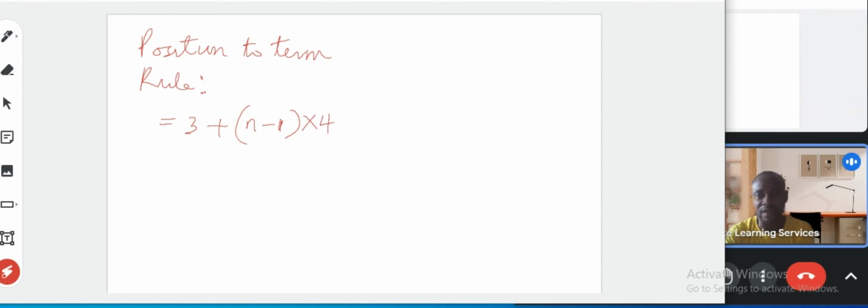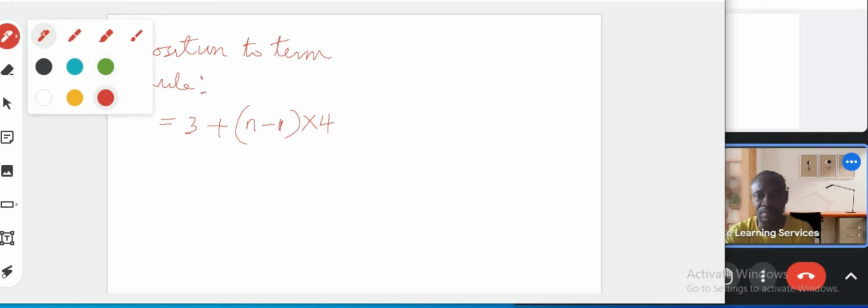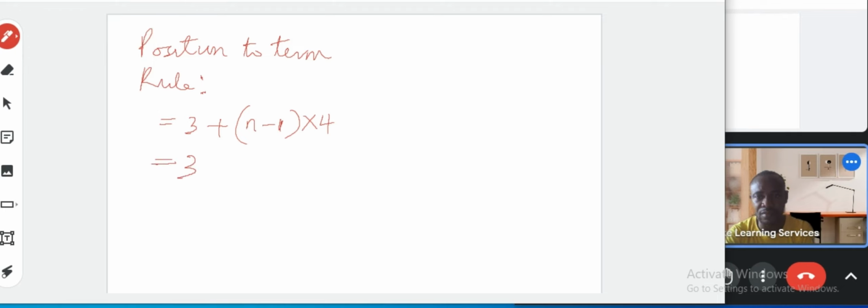Let's open the bracket in this expression. Are you ready? Now this becomes 3 plus this 4. You're going to use it to multiply whatever you have in the bracket.